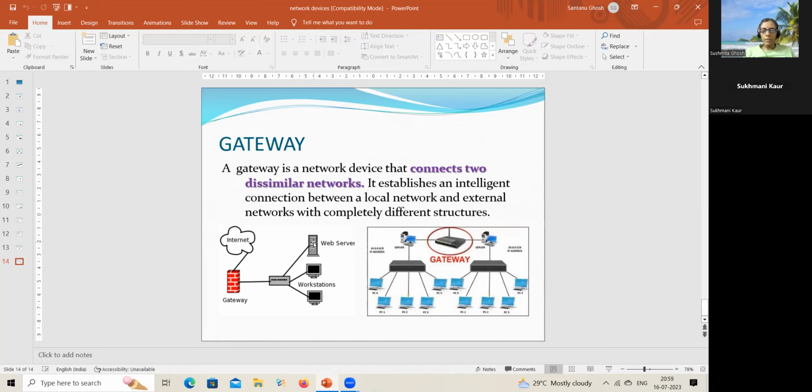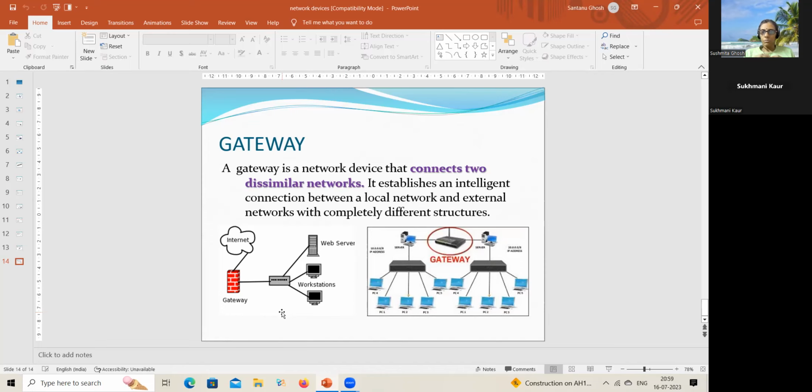Like you're connecting your servers, your workstations, everything. These terms, server, workstation, client, and nodes, I have discussed in the previous class. You can see that previous video, because these terms are very, very important. Generally, in a network, I never call a computer as such. I will always call it a node. That node can be a PC, a laptop, a desktop, whatever, but it is a node when it is connected on the network.